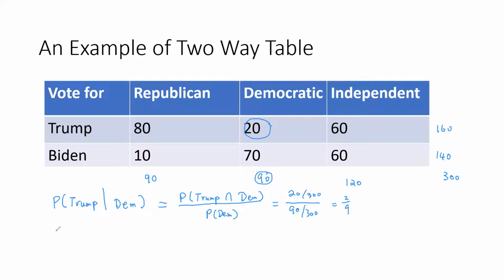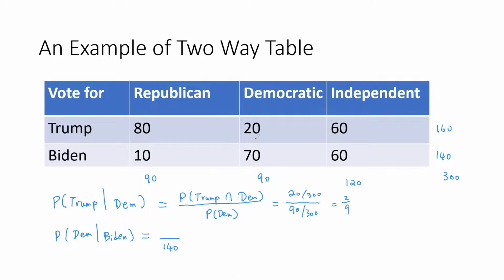Another one: the probability somebody would be a Democrat if we know that person voted for Biden. You can use the definition, but we can simply use these numbers here. Biden, 140 people voted for him, so 140 on the bottom.